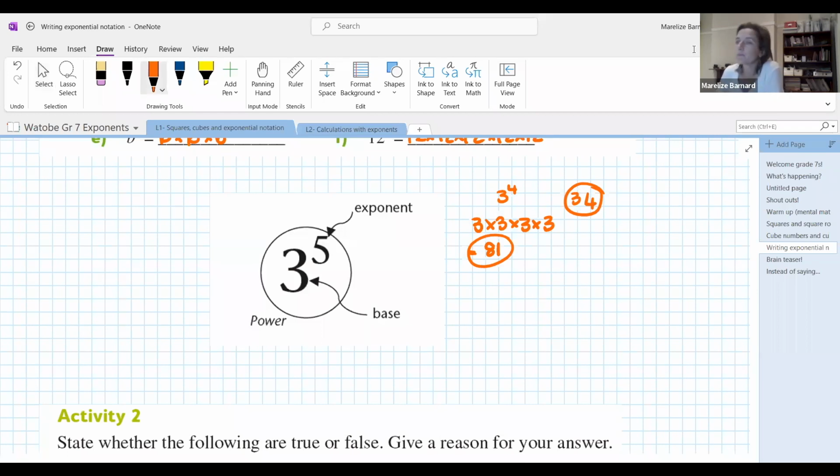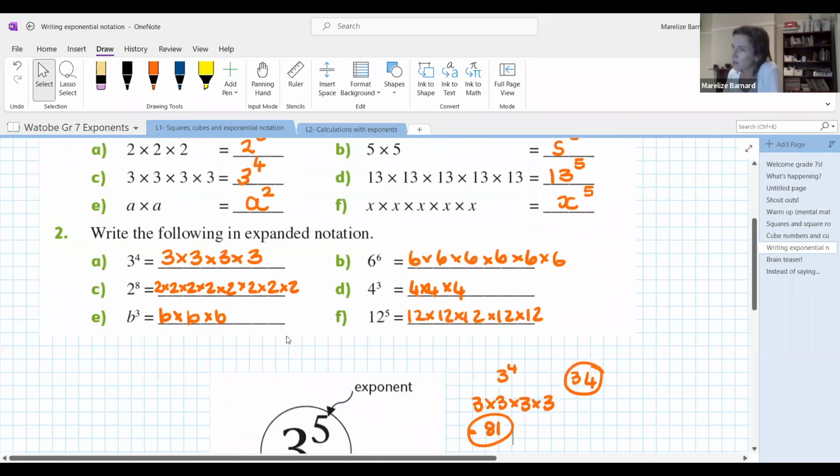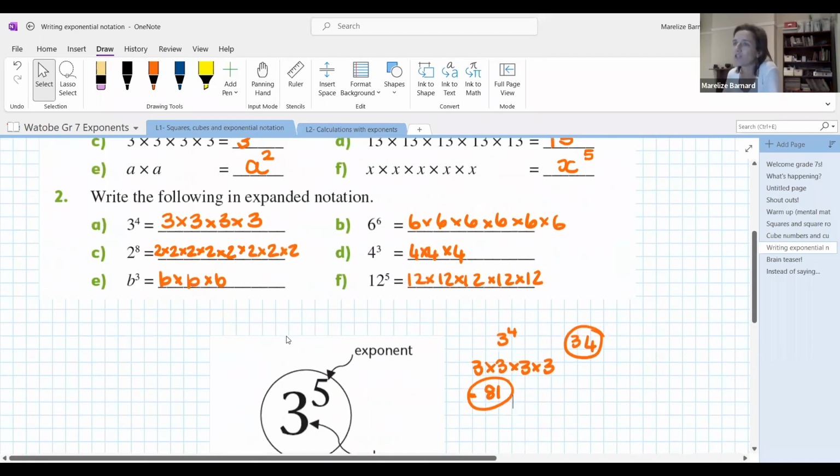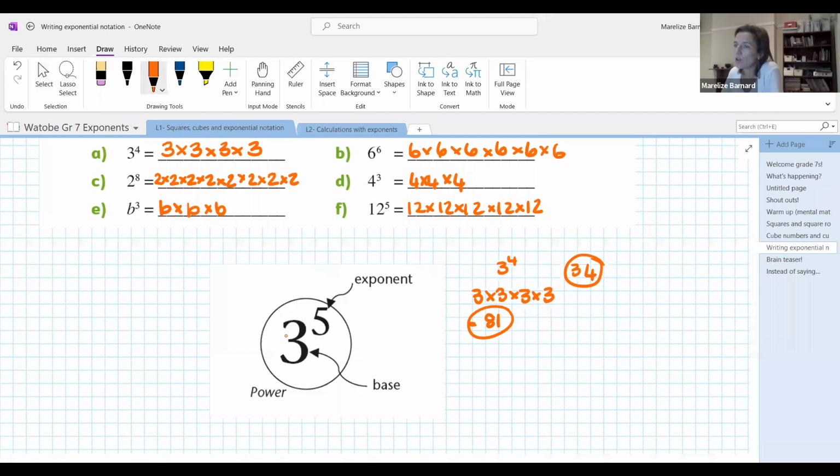Okay, so it's important that you know all your terms and your words. When it says write an exponential notation, it means your answer must have an exponent. The exponent is always this small number that shows you how many times the 3 is being multiplied by itself. The 3 we call the base.